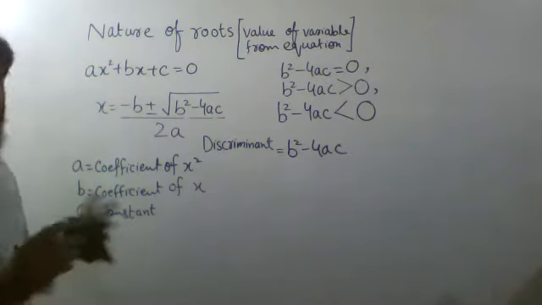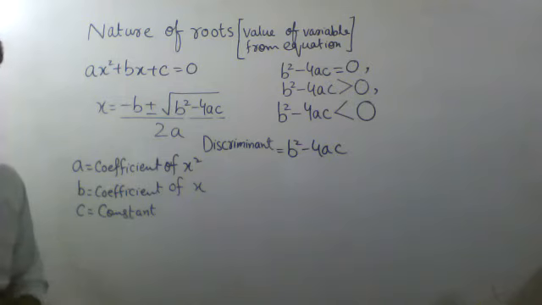Okay, now I'm going to give you a table in which everything will be written in detail, so you can remember what is meant by b square minus 4ac and how many cases there are in which you are going to solve it.